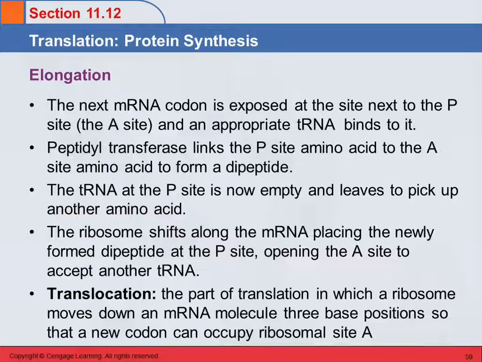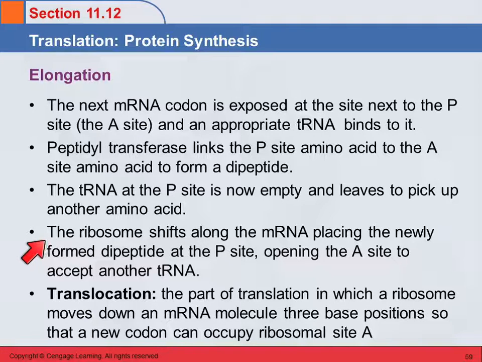It goes off to go get another amino acid. That was the initial one. It's going to go get another methionine. Like, okay, I came here, I docked, I dropped off my load, I'm going to go pick up another load. Kind of reminds me of the trucking industry. We're going to go pick up our load, we're going to deliver it here, they unload it, we go off and go get another one.